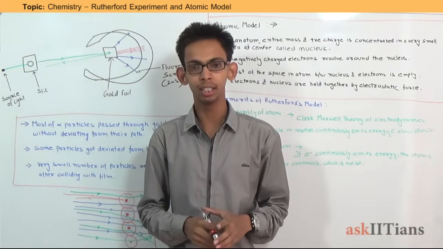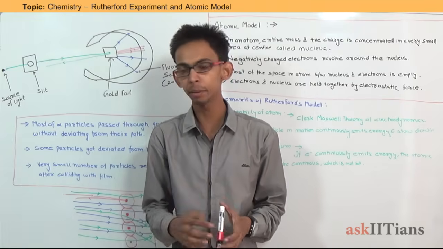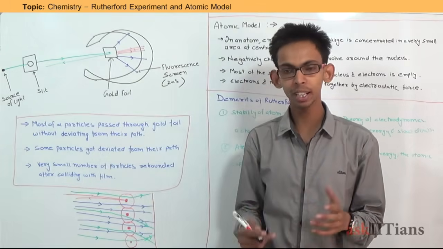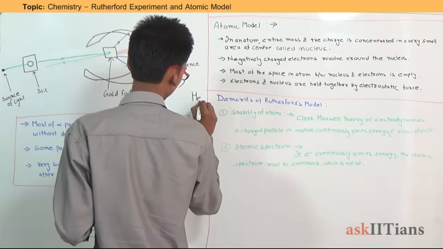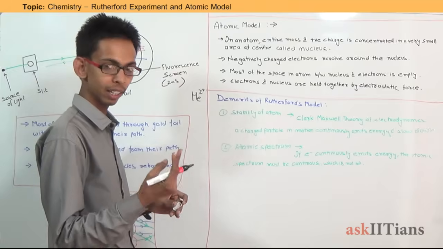So first of all, let's have a look at the experimental setup which he used in order to conduct the experiment. He used alpha particles. What are alpha particles? Alpha particles are helium nuclei. We know that there are 2 electrons in a helium atom.